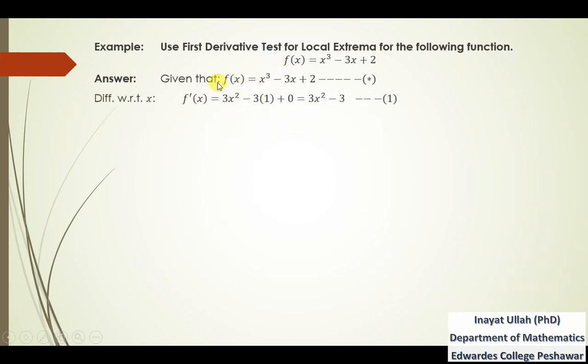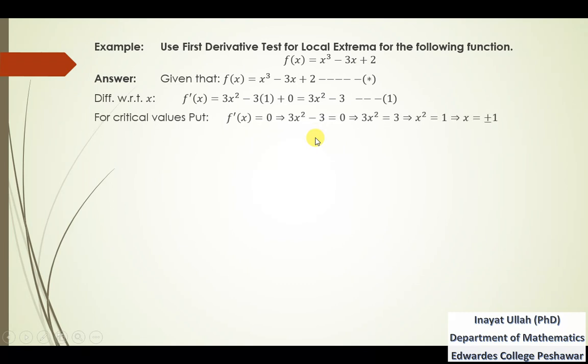Whenever you differentiate this function, that will become f prime, and the derivative of x cube is 3x square. The derivative of 3x is 3 into 1, and the derivative of 2 is 0. So here we are, f prime x is equal to 3x square minus 3. That is equation number 1.